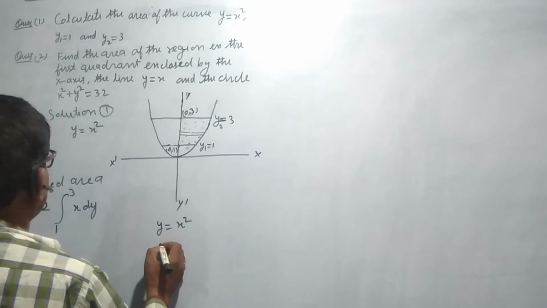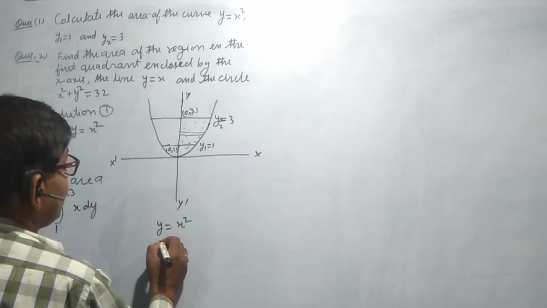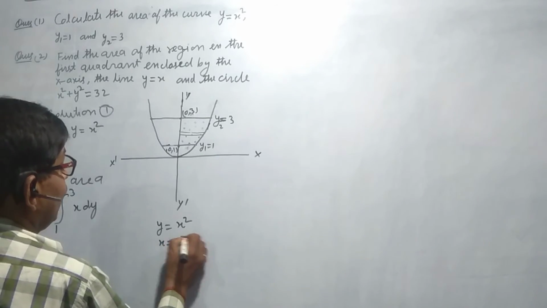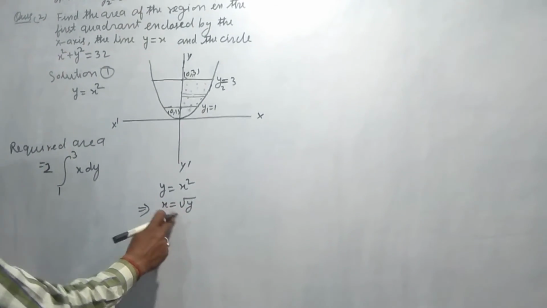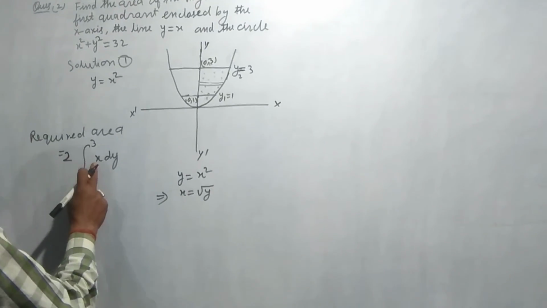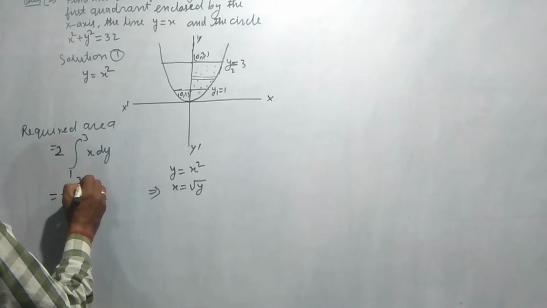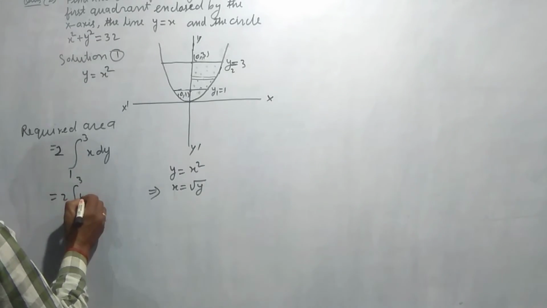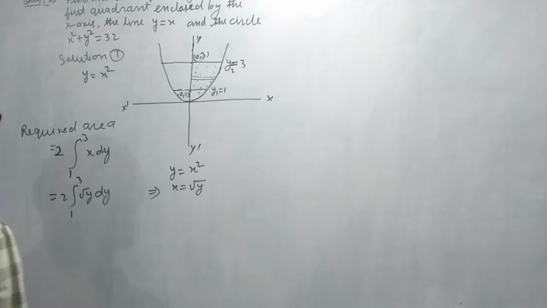it means that x is equal to under root y, and putting this function in, it is 2 times the integral from 1 to 3 of under root y dy. If we calculate this, we get the total area.